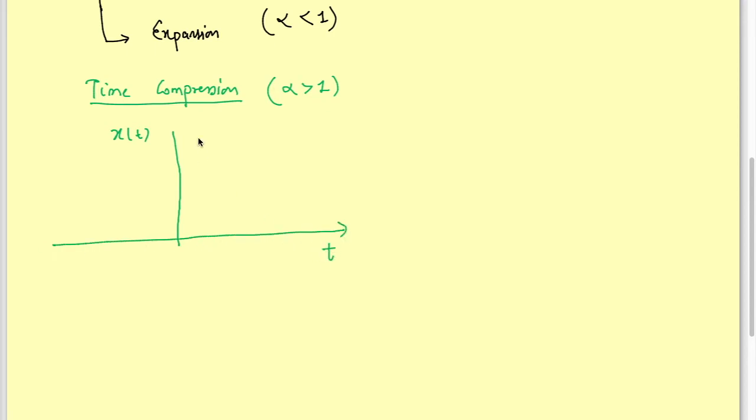This is my time axis t, this is x of t. It is from minus 1 to 3. Now I will apply time compression, that is y of t is equal to x of 3t.